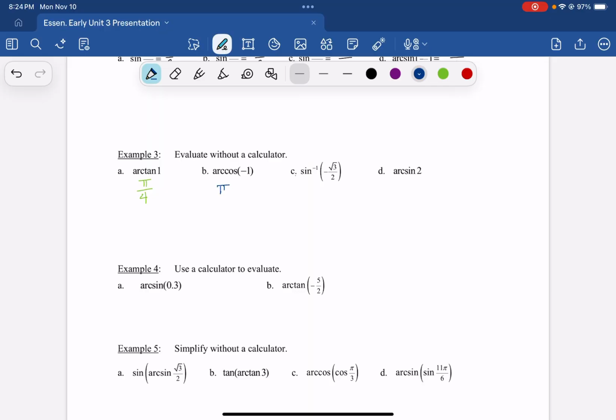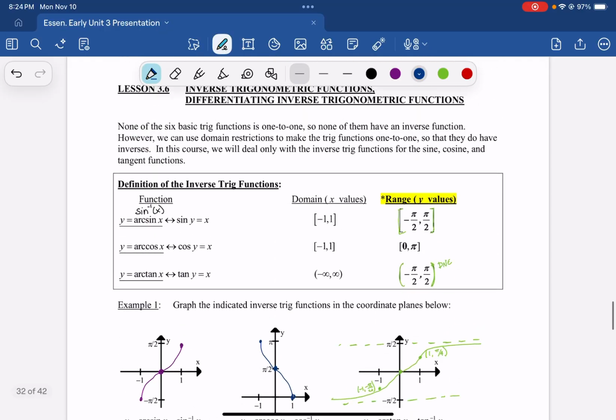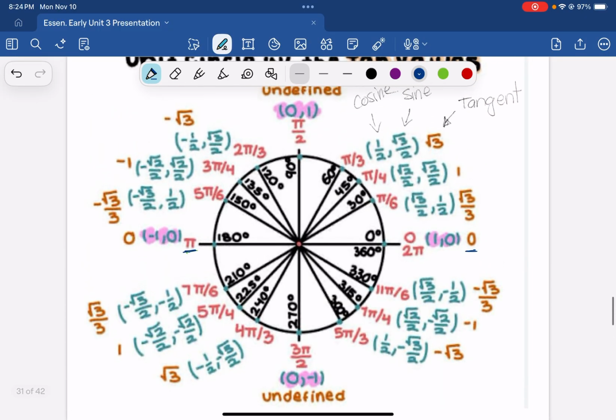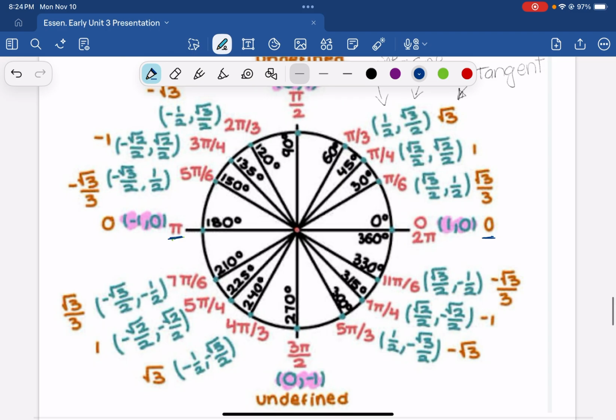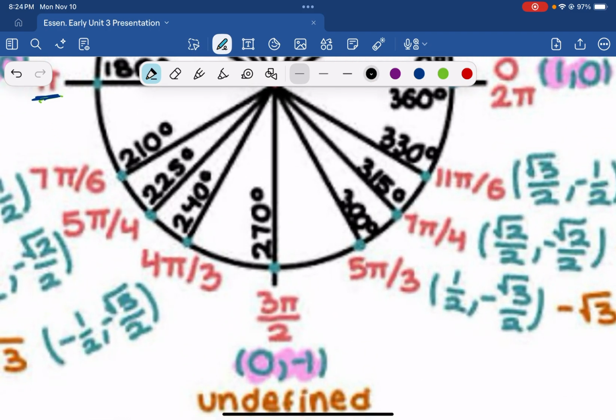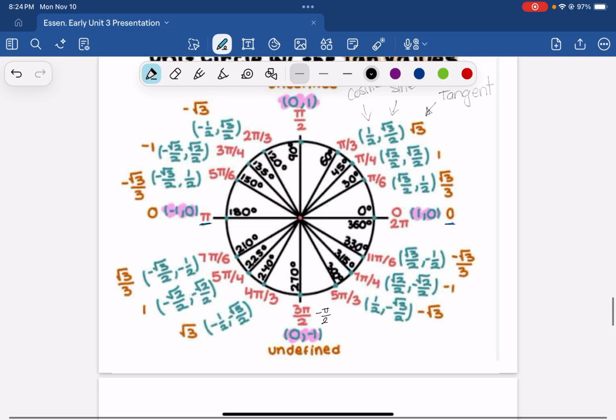Next, arc sine of negative square root of 3 over 2. I go back up to my unit circle and look for a y value of negative root 3 over 2, which is 5 pi thirds, but because we're between negative pi halves and positive pi halves, we treat this as negative pi thirds.